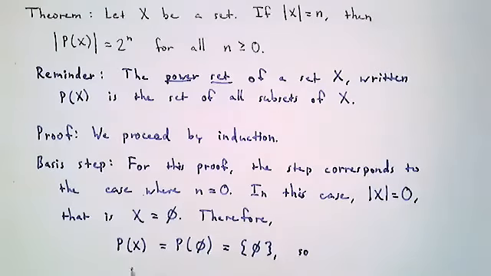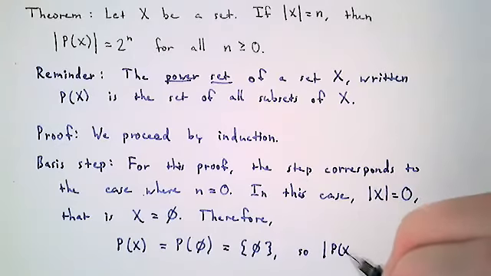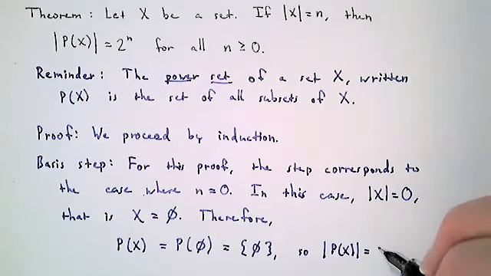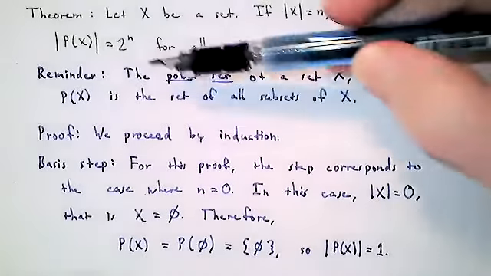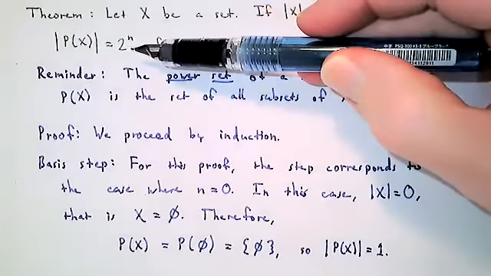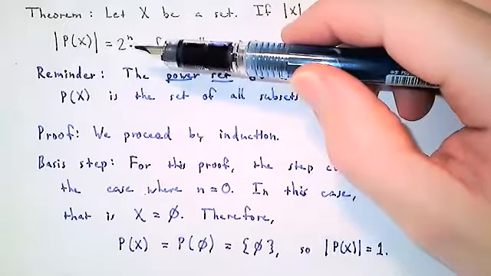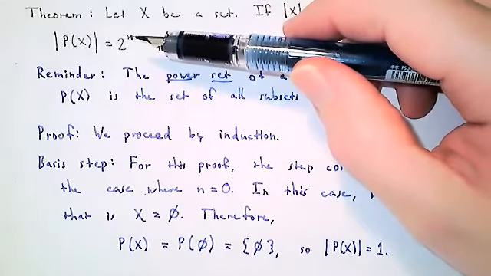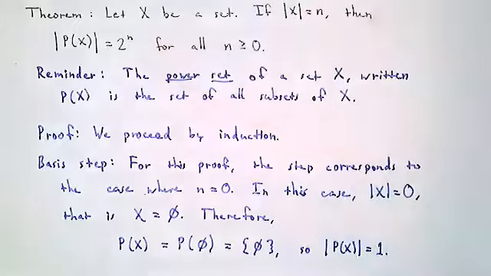So the power set of our set has one element. Does that match up with our formula? So we're saying it should. Yes, it does match up. So we're saying our set has n equals 0. What do you think that'll make the 2 to the n? 2 to the 0 power is 1.